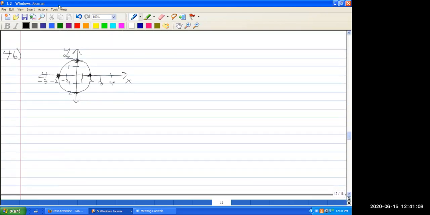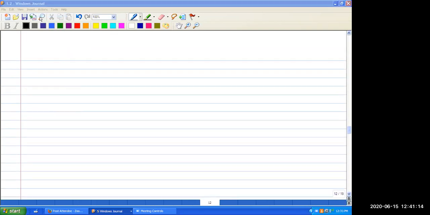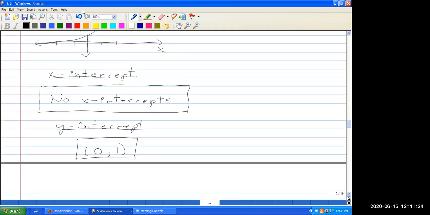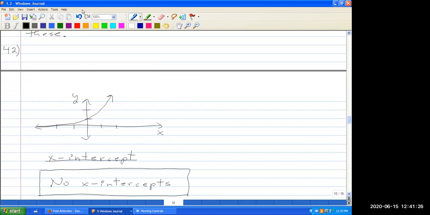Okay, no questions so far. Lastly, let's look here. Does this look symmetric with respect to the x-axis? Certainly not. There's nothing down here.